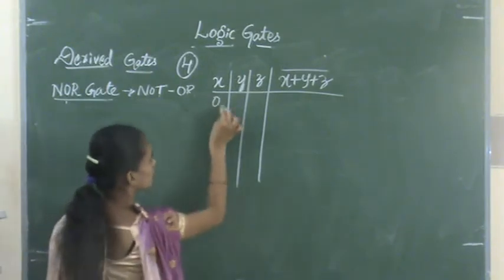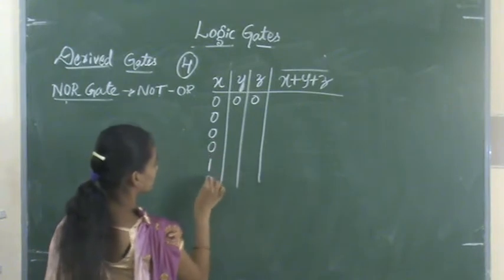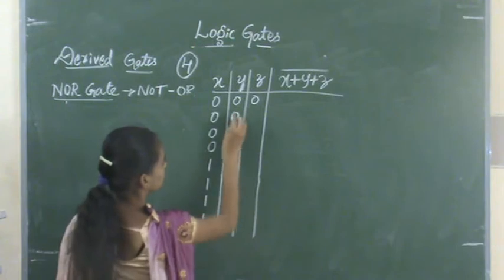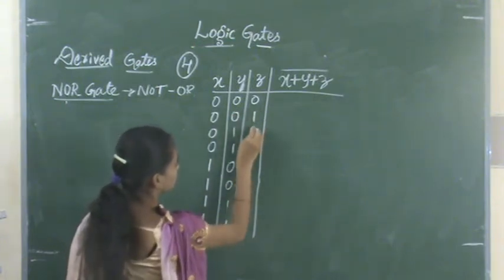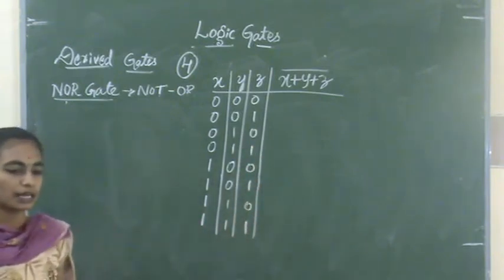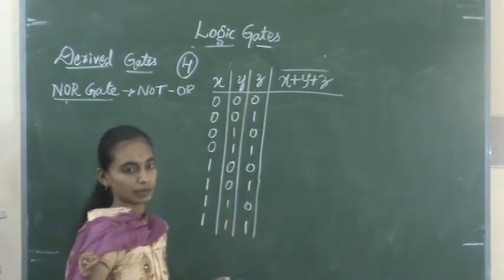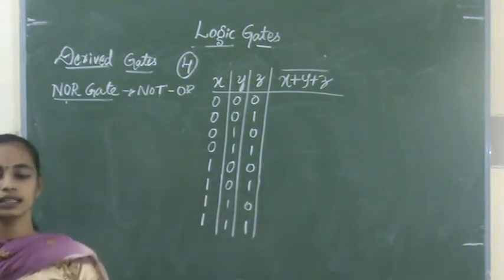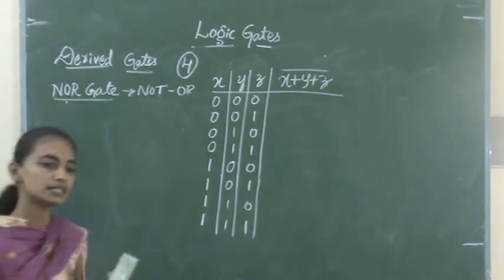So we know what the possible inputs are. These are the possible inputs we can provide for three input variables. I told you that if all the inputs are 0, then the output will be 1, otherwise it is 0.